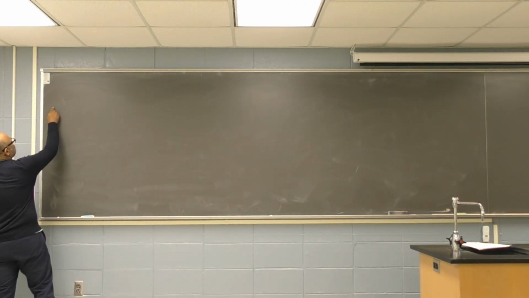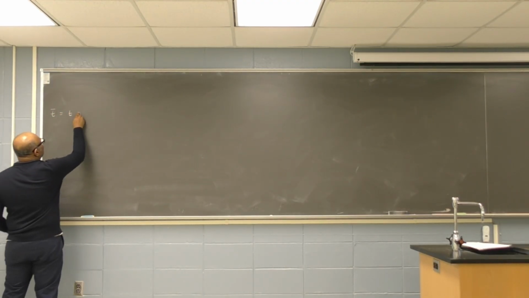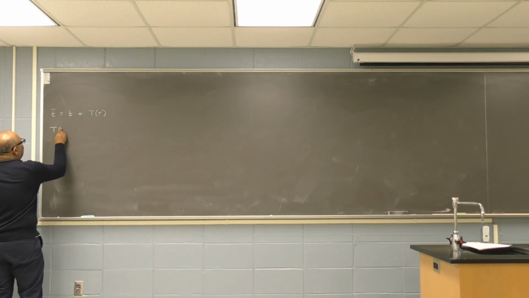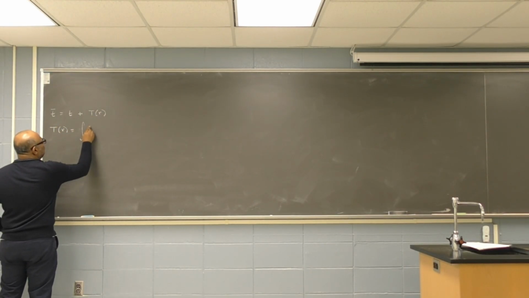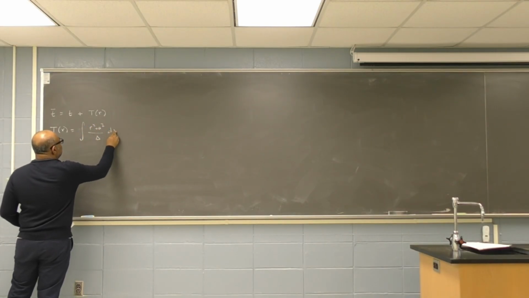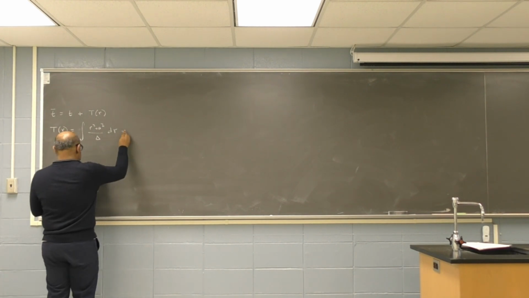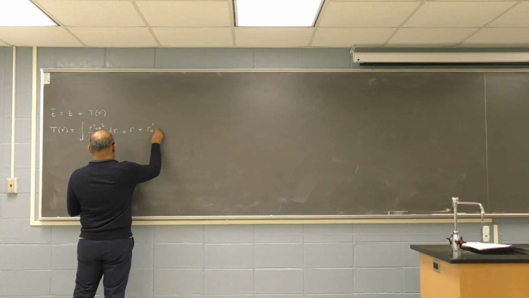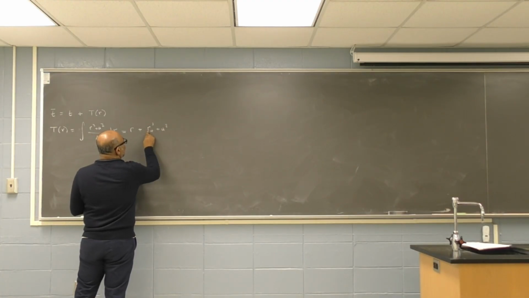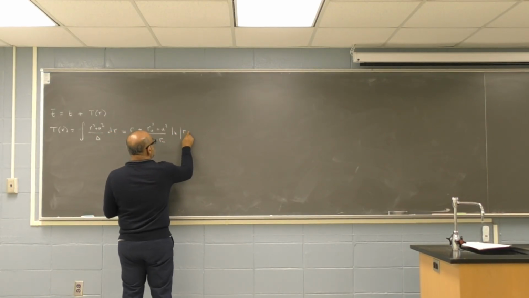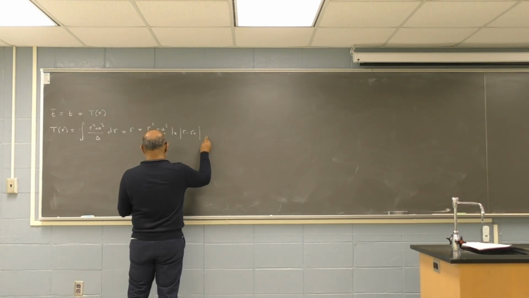So T bar, for example, is T plus T of R, and this T of R is nothing more than the integral of R squared plus A squared over delta dr. But it doesn't hurt to write one more time, just so you have it.